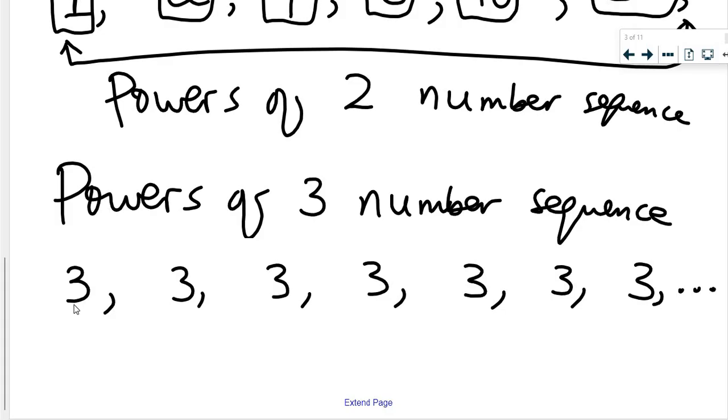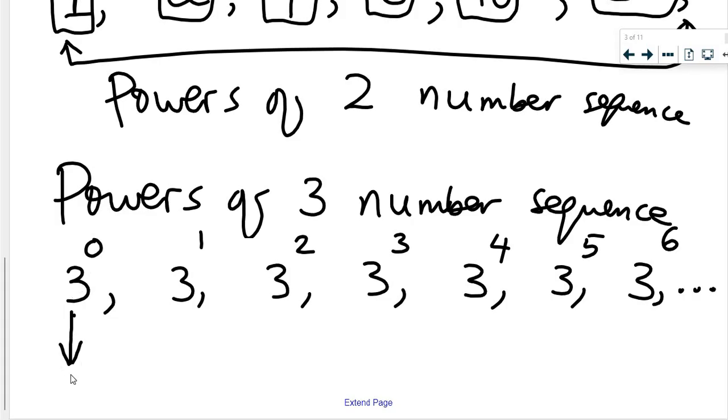Meaning, to get the first number in powers of 3, do 3 power 0. Get the second number, 3 power 1. Get the third, so you keep going: 3 power 0, 3 power 1, 3 power 2, 3 power 3, 3 power 4, 3 power 5, 3 power 6. And then you evaluate this.